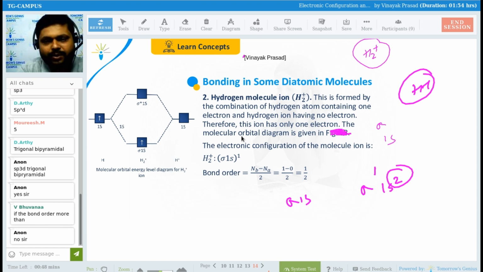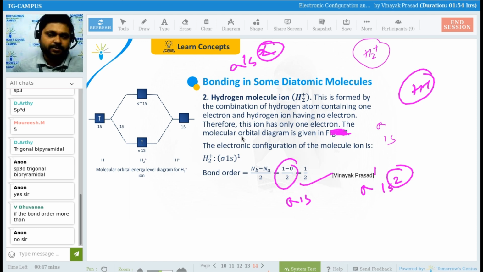In bonding there will be 1 electron, and in anti-bonding there will be 0, because there is no star term. So there will be 1 electron in the molecular orbital, and bond order is 1 minus 0 upon 2, which is 1 upon 2. The bond order will be 1 upon 2.